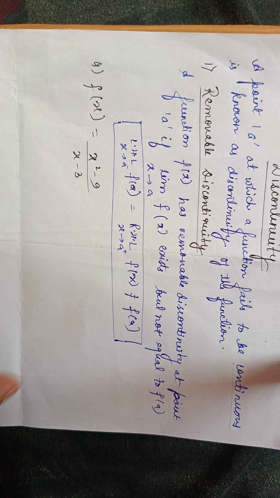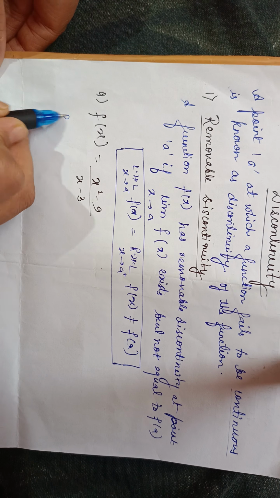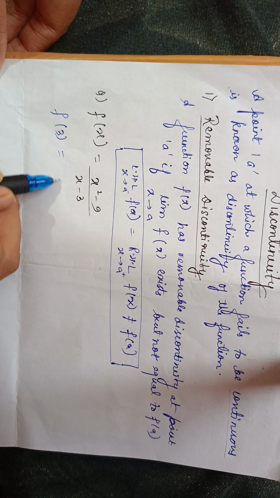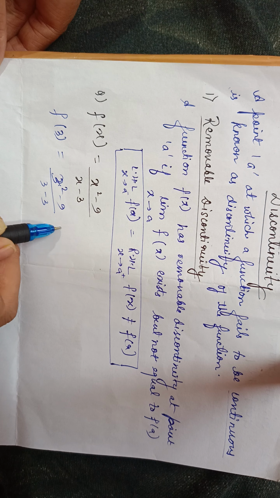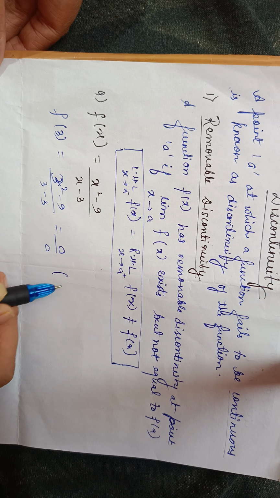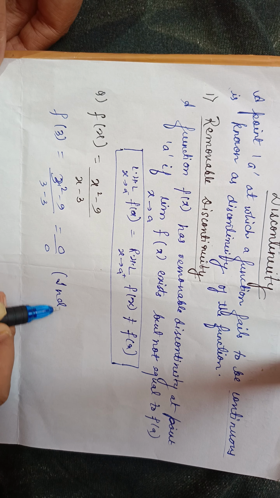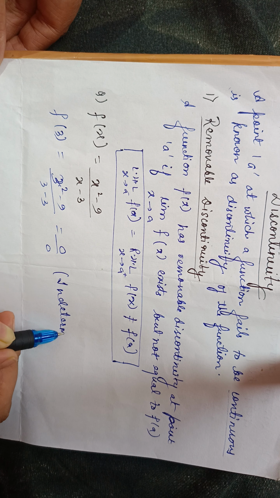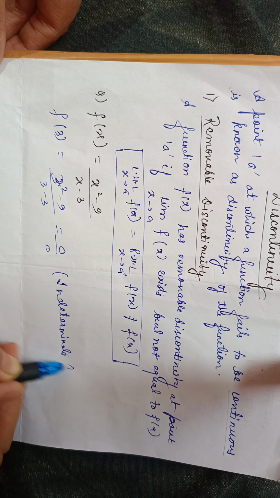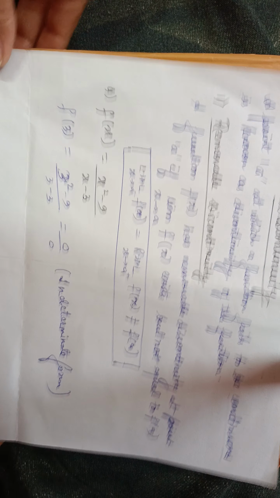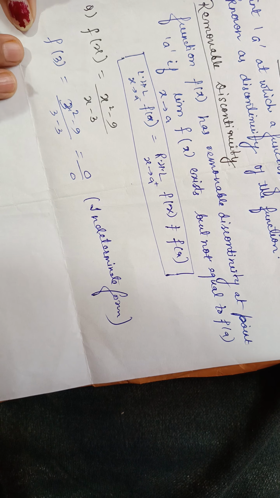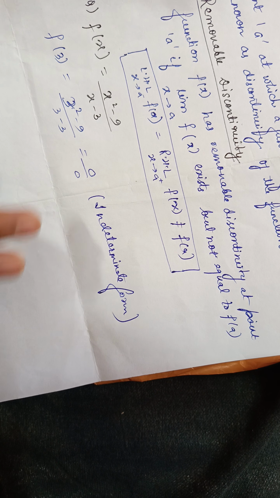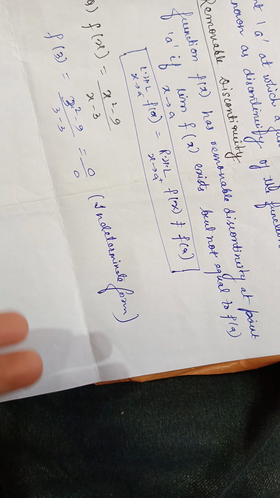This is very clear because when we put x equal to 3 we end up with f(3) equal to (3 square minus 9) upon (3 minus 3), which is 0 upon 0 form, which is indeterminate form.